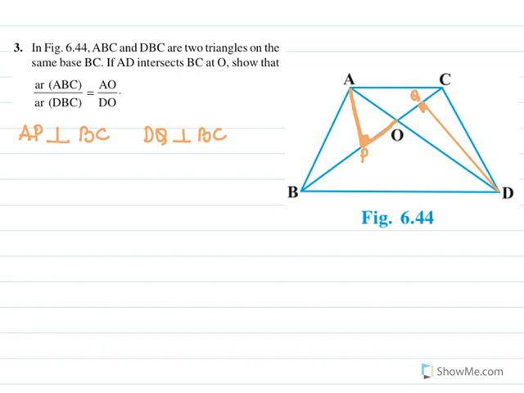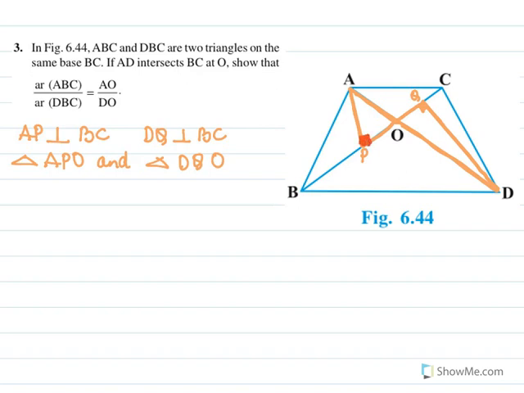That is this triangle, triangle AOP, and this triangle, that is DQO. We need to show these two triangles are similar. So we're going to consider triangle APO and triangle DQO and show that they're similar. Now we know one angle is 90, as we have checked here.